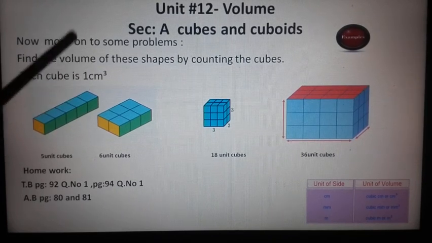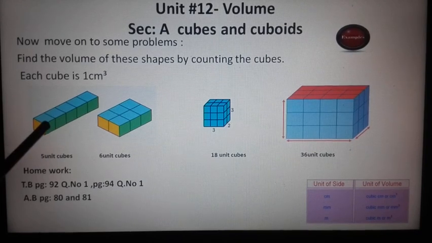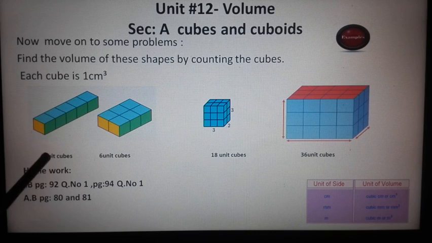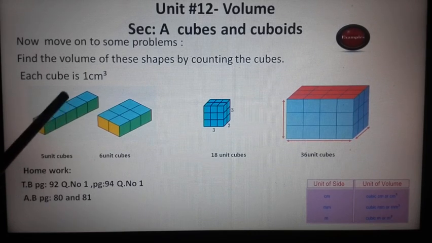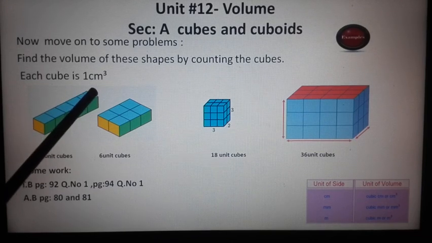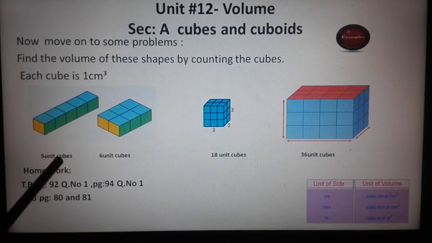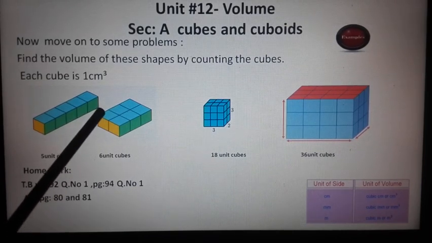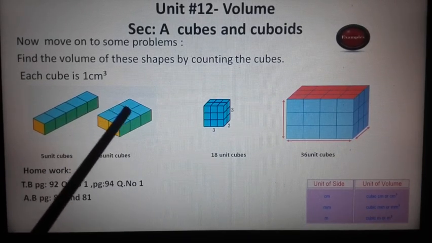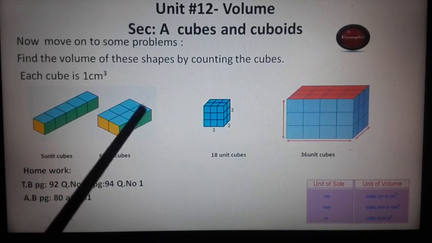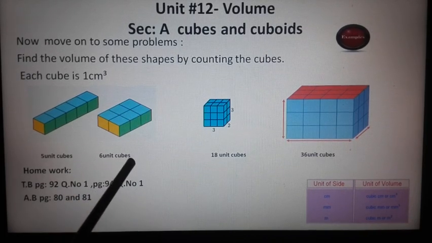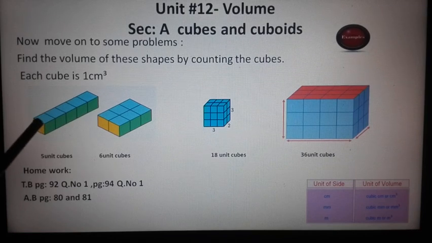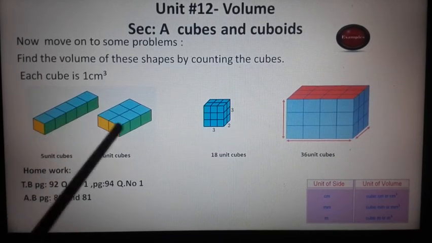In the first figure, just count and write how many cubes are used: 1, 2, 3, 4, 5. So 5 unit cubes. In the second figure, 1, 2, 3, 4, 5, 6. So 6 unit cubes.